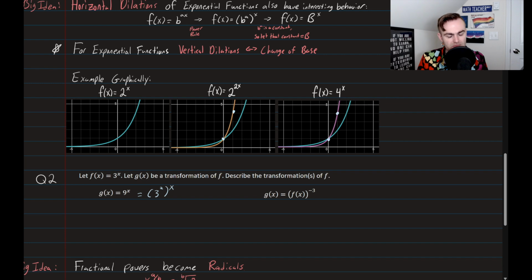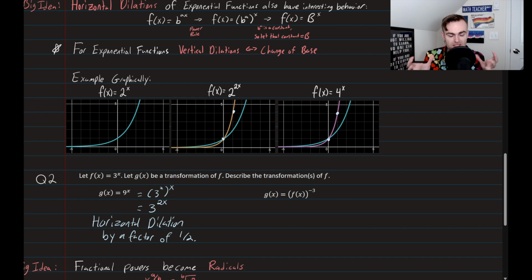So we have 3 squared to the power of x, so that means that we have 3 to the power of 2x, which means that we have a horizontal dilation by a factor of 1/2. Remember that when we're dealing with horizontal transformations, it's always the opposite of what we think. So we're multiplying by 2, we're actually having that times needed.